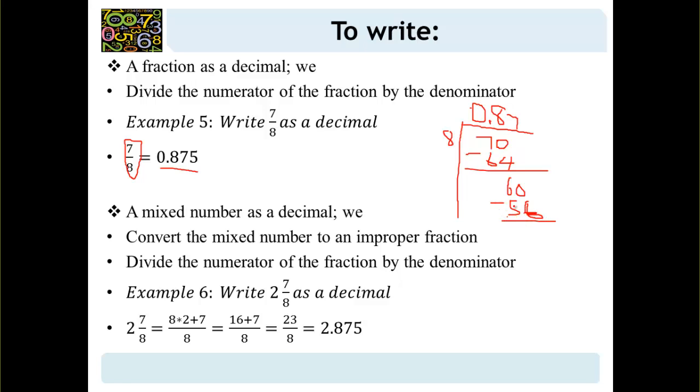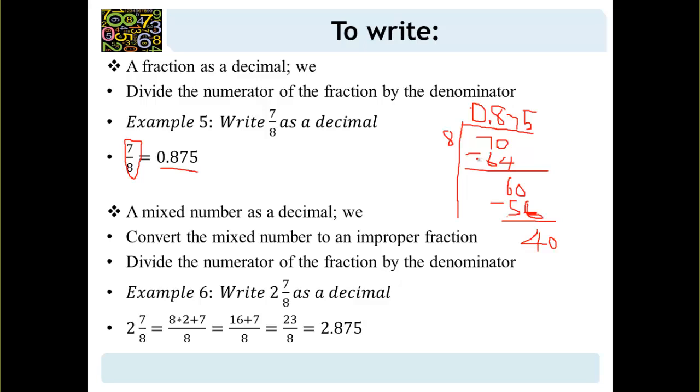You subtract again. 60 minus 56 gives us 4. You add another 0. 8 into 40 gives us 5. So that means we have converted our fraction to decimal.